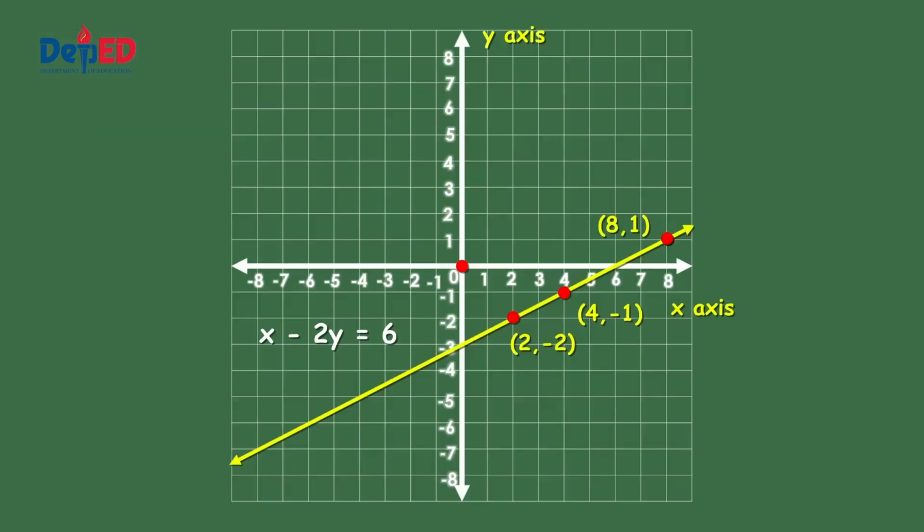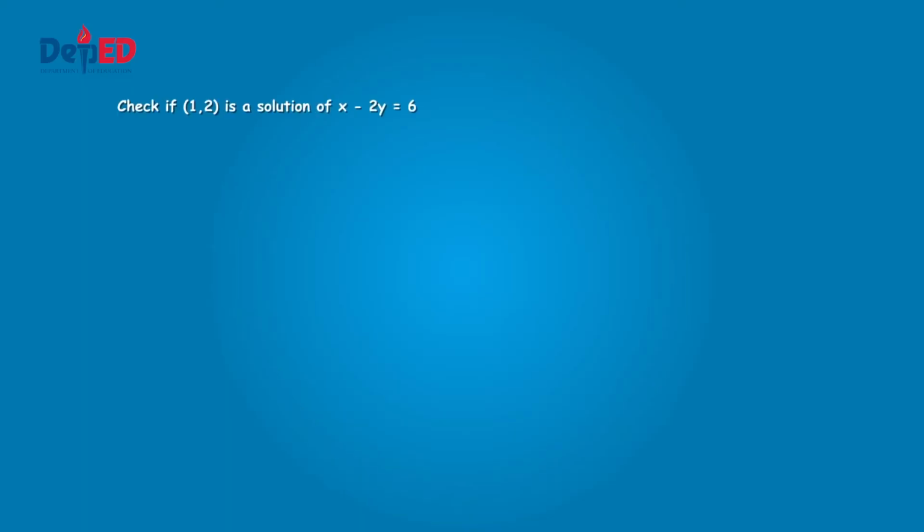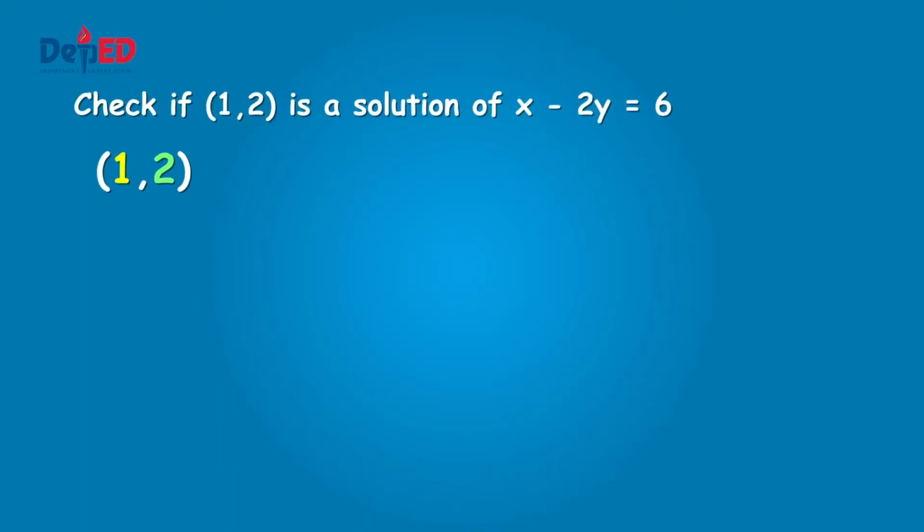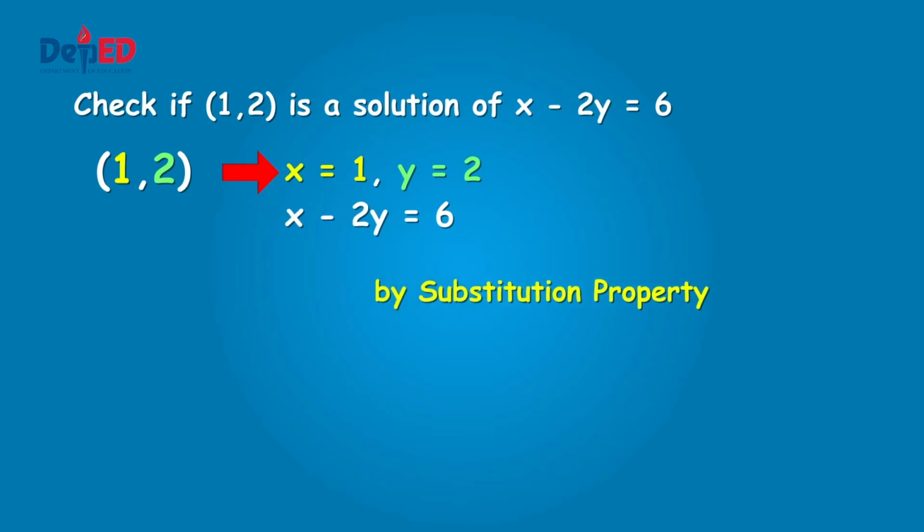How about the point (1, 2)? This is a point not on the line. Will it still satisfy the equation? Let's check. From this, we have x equals 1 and y equals 2. By substitution, x minus 2y equals 6 becomes 1 minus 2 times 2 equals 6.